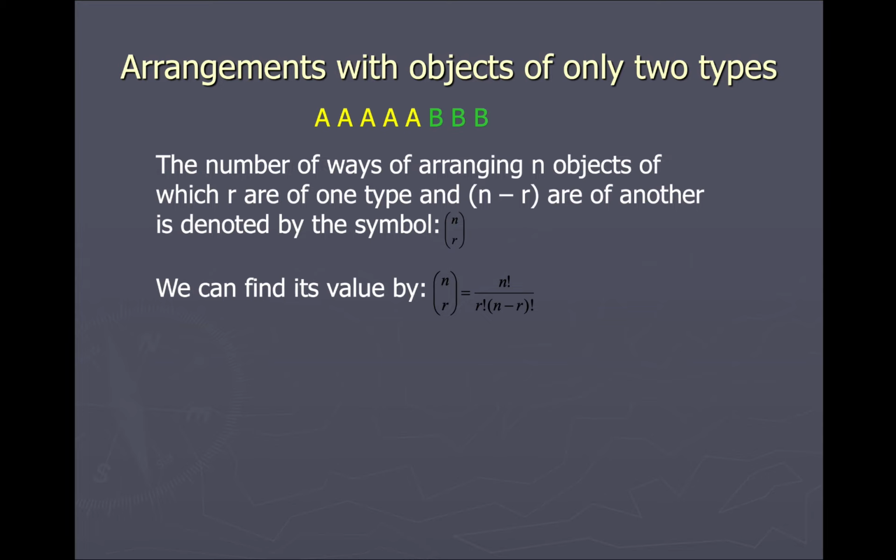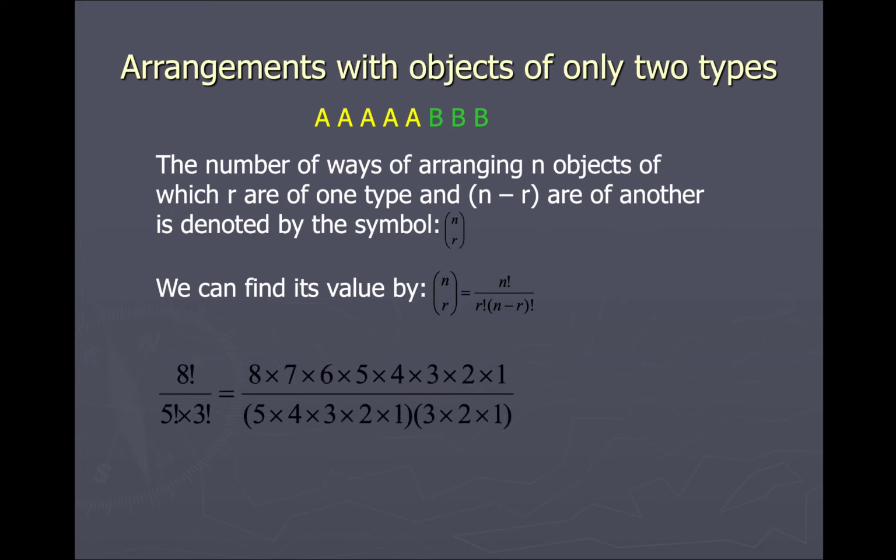We can find this value as n factorial divided by r factorial times n minus r factorial. Going back to our previous example of 5 A's and 3 B's, n is 8, r is 5, and n minus r, 8 minus 5, is 3, which gives us 8 factorial over 5 factorial times 3 factorial, which is 56.